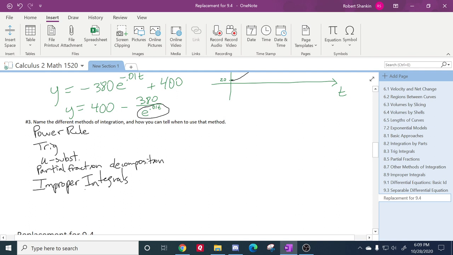There's one more big one. Nobody remembering it? Is it the back of the book stuff? Back of the book. Yeah, but I'm not going to put that in there. Integration by parts.